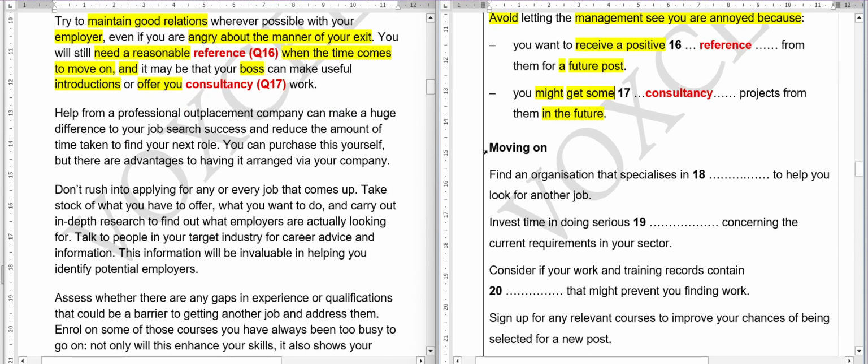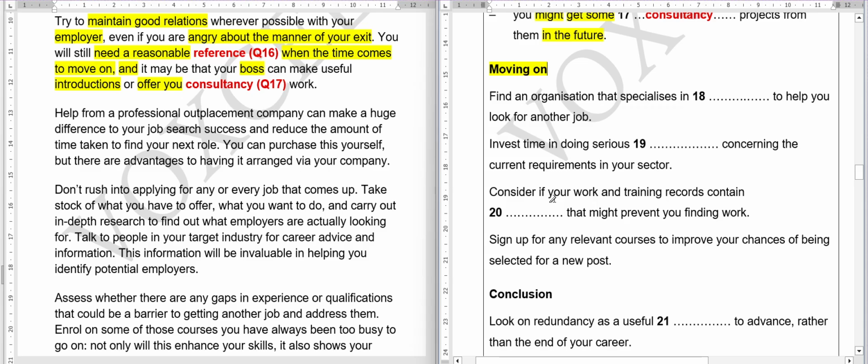Okay, moving on. Here is also the heading, moving on. Find an organization that specializes in dash to help you look for another job. So they are saying that you have to move on because you have been let go. So now you have to find an organization that specializes in something.